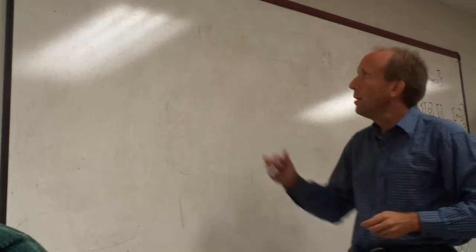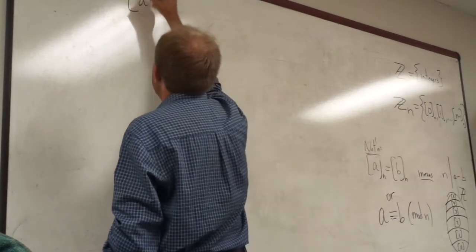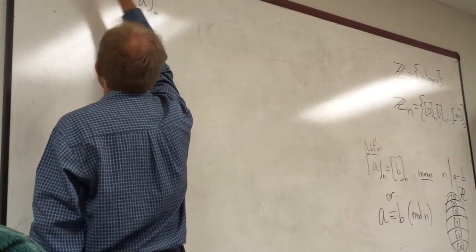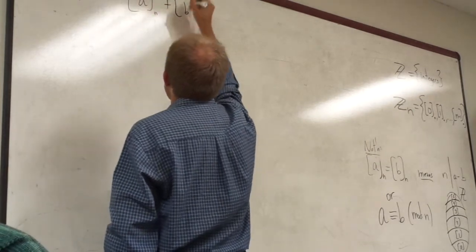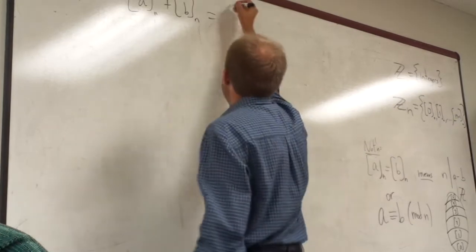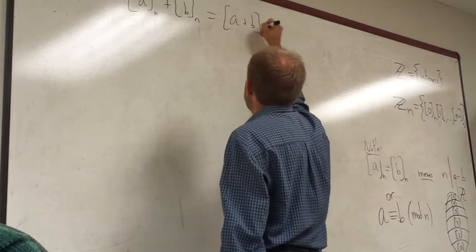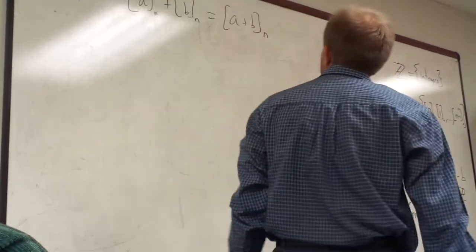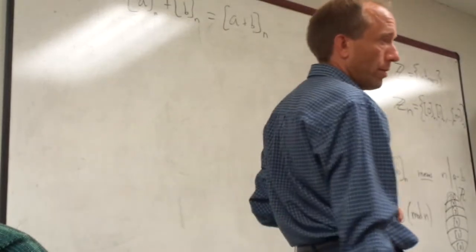So just so you know, this is sort of the algebra piece of this, is that you can take two congruences and you can add them together. And the way you would do that is you just take the individual numbers and add them together and then build the congruence class out of that. So this is how addition works. Okay.